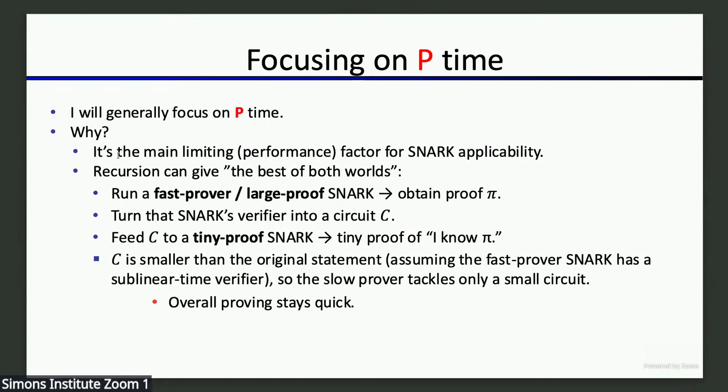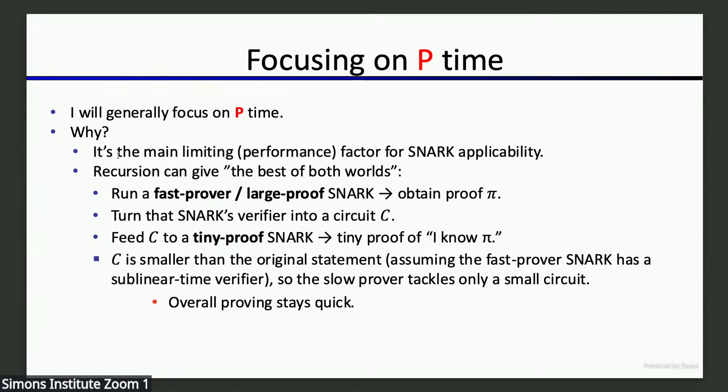On top of that, and I've indicated I would cover this, you can get the best of both worlds in a generic way, through SNARK composition or recursion. If you have a fast-prover SNARK where the proofs are kind of big, you can declare that big proof not the final proof, and then use a small-proof SNARK to prove that proof. Now that's the final proof.